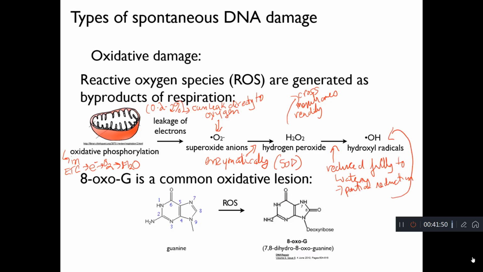And hydroxyl radicals are extremely strong oxidants.